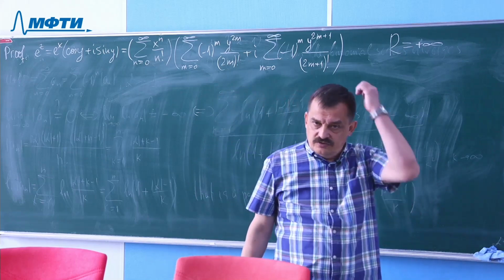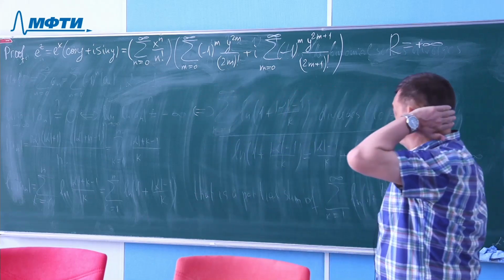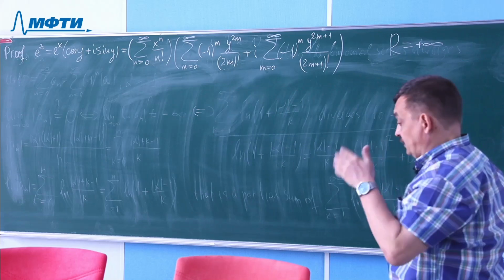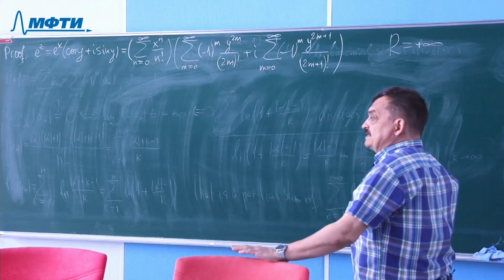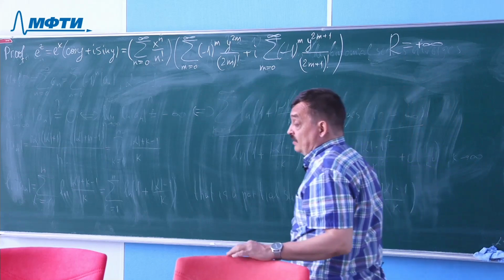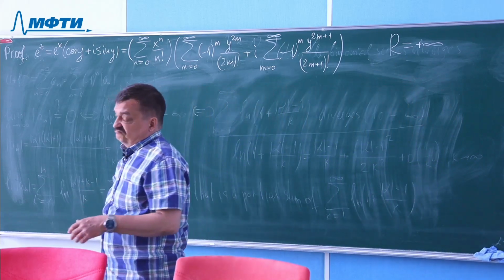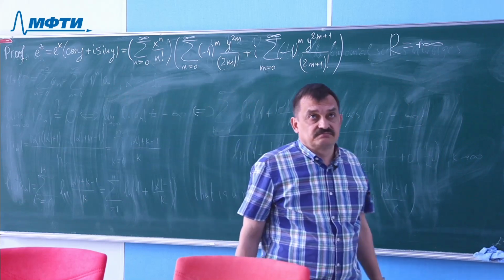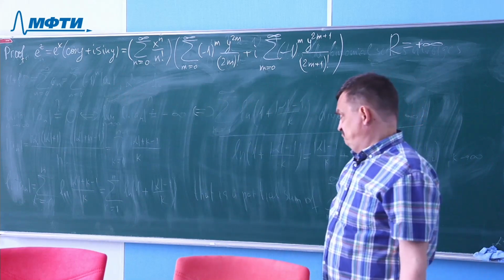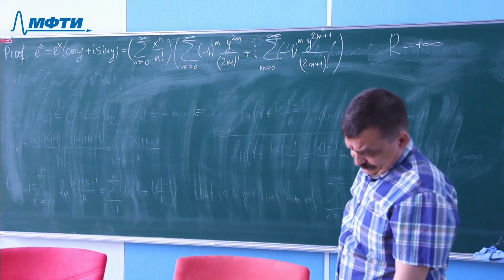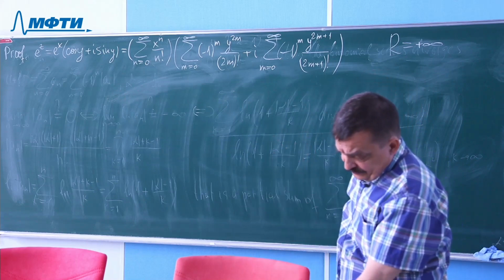And we know that we can multiply absolutely convergent series, and we don't care about the order of multiplication, right?